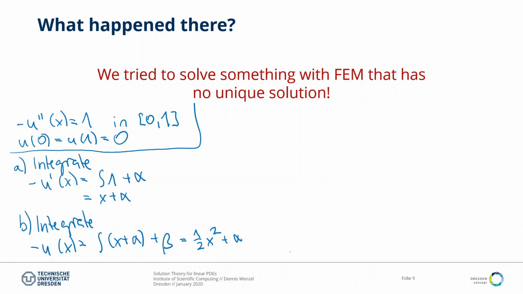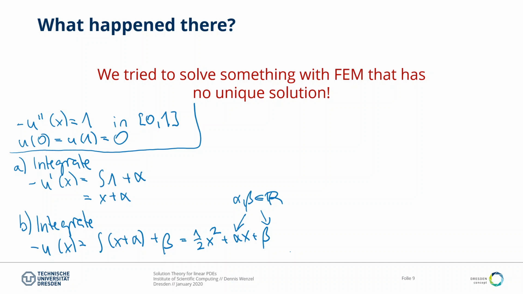Then you get alpha times x, that is from integrating alpha, and that is plus beta. Of course, you could add a third constant from the integrating process of alpha, but that doesn't really make a difference, because, well, if you have 3 constants, one of them can simply be added to the other. So in total, by integrating twice, we get 2 constants that we can choose.